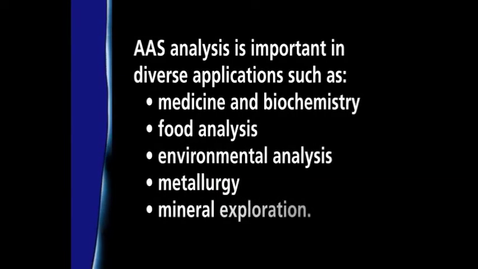One example of this is the determination of gold in metals, where the wet chemical method took 1 month to complete. The analysis performed on the AAS takes 10 minutes. AAS analysis has found many important applications all around the world, in areas as diverse as medicine and biochemistry, food analysis, environmental analysis, metallurgy and mineral exploration, and has been described as one of the most significant advances in chemical analysis during the 20th century.